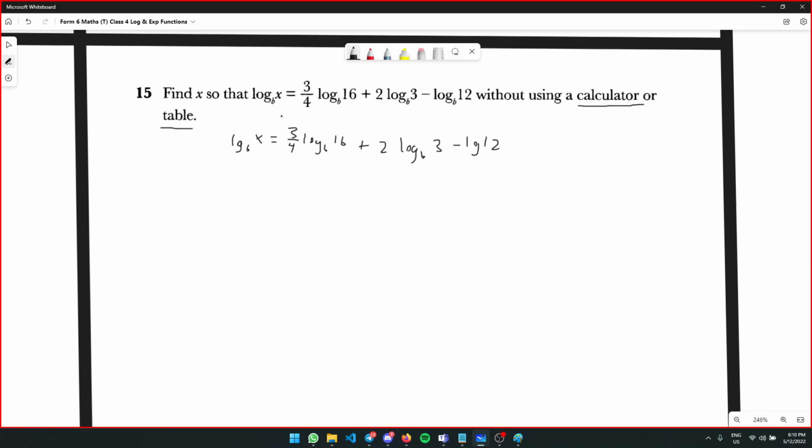Since everything is the same base, maybe you can do something about that. We can put this 3 over 4 inside, so that becomes log b of 16 to the power of 3 over 4.